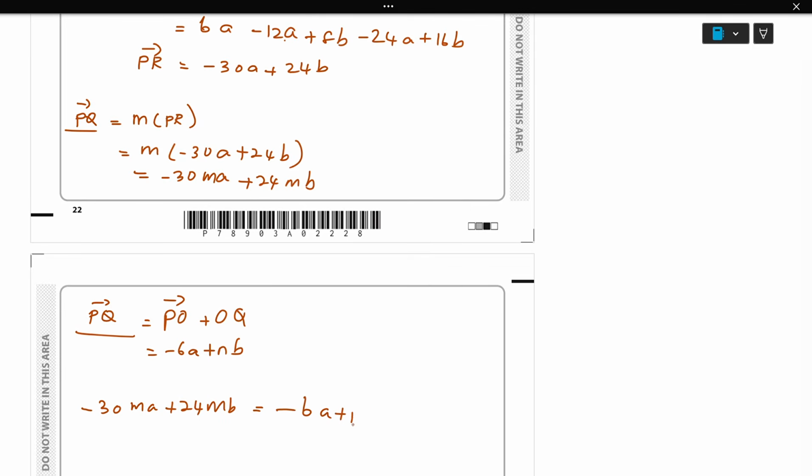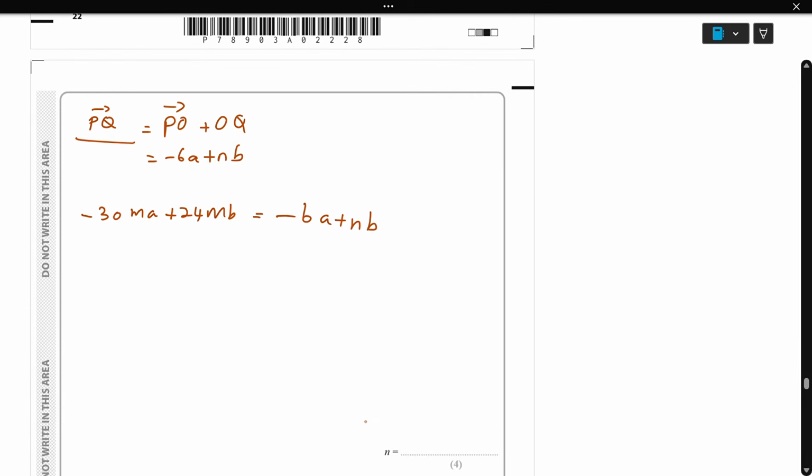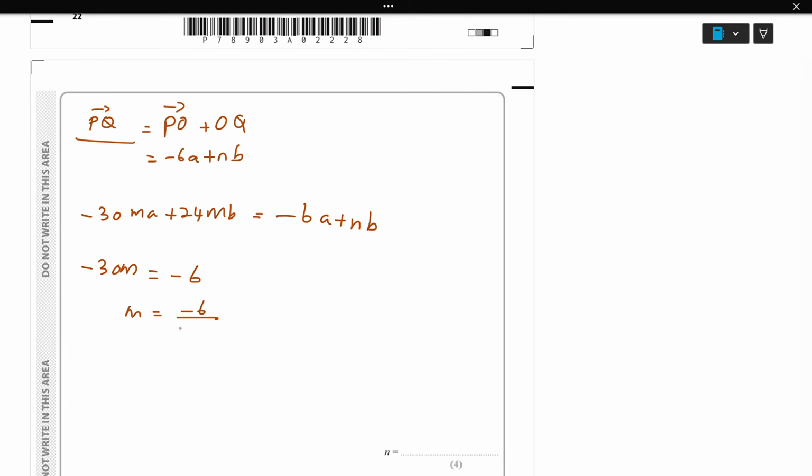Now this is one of the PQ, this is another PQ, so left side equal, right side I can make it equal. So minus 30mA plus 24mB equal to minus 6A plus nB.